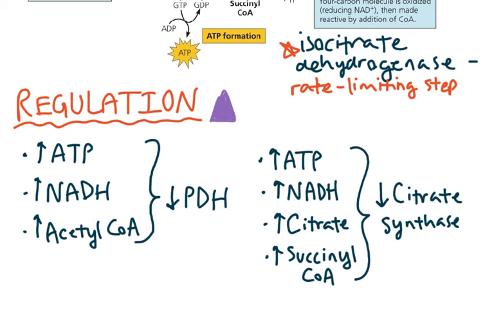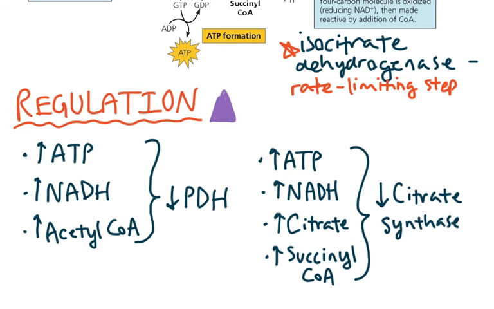Is it useful for us to continue making pyruvate into acetyl-CoA, or can we take that pyruvate and undergo gluconeogenesis and make some sugars that we can store? We should do the second one, and that's why acetyl-CoA is going to inhibit the pyruvate dehydrogenase complex.